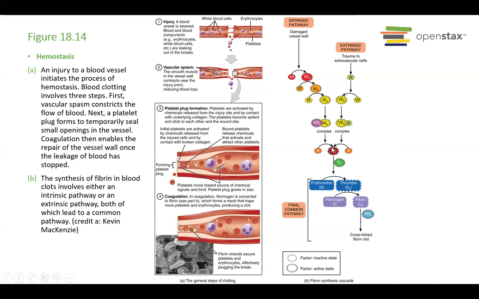At factor 10, this is the most important step in the cascade, and that is to convert prothrombin into thrombin. When you have thrombin, you know from the name, thrombus, that's a blood clot. Thrombin is an enzyme.